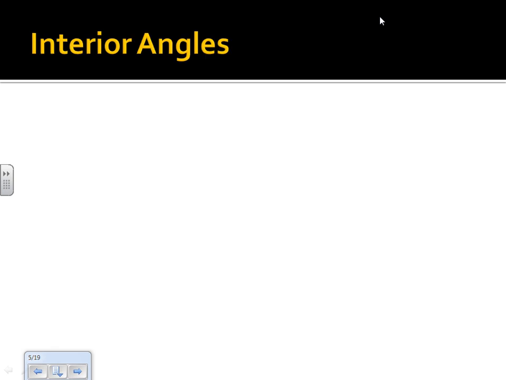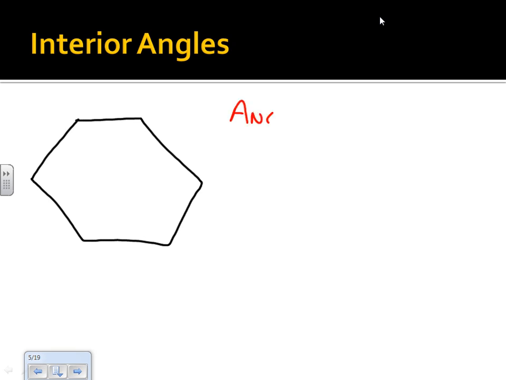The next thing we need to talk about is interior angles. This should not be hard because we did it before. The interior angles are the angles inside the shape. So inside the polygon. So as we go around, all you have to do is highlight them.